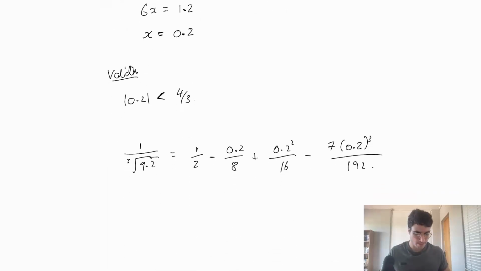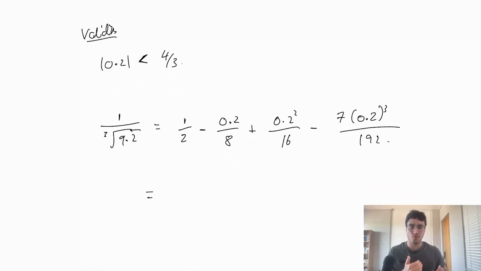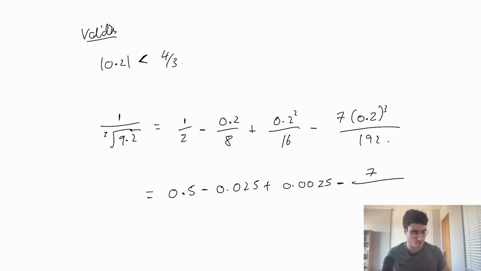And when we simplify that, guys, what that becomes is 0.5 minus 0.025 plus 0.0025 minus 7 over 24,000. No point putting this in decimal format. And when we sum that all together, what we're going to get is 0.47721. And that's the 5 decimal places here.